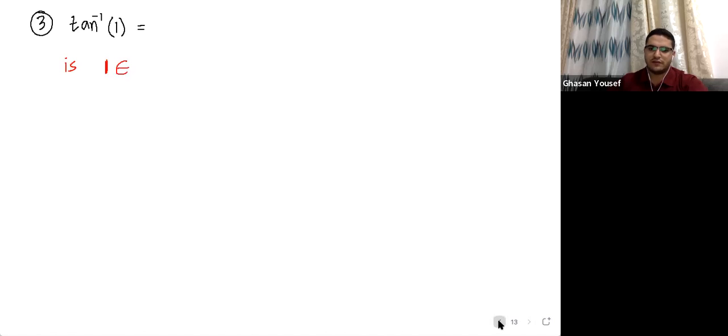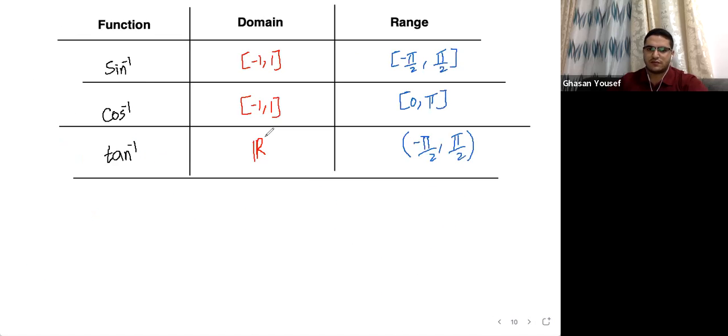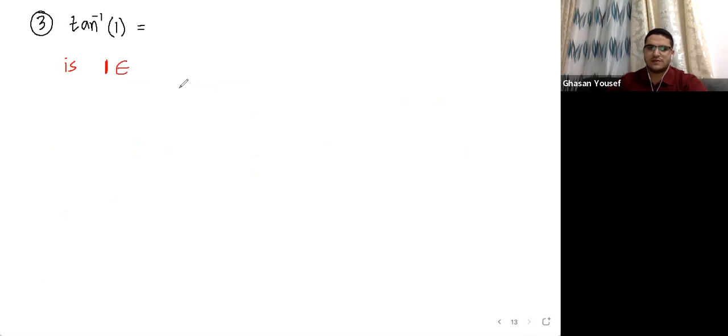What's the domain? Real numbers. Does the 1 belong to the real numbers? The answer is clear, yes. It's not hard. Yes, the 1 belongs to the real numbers.